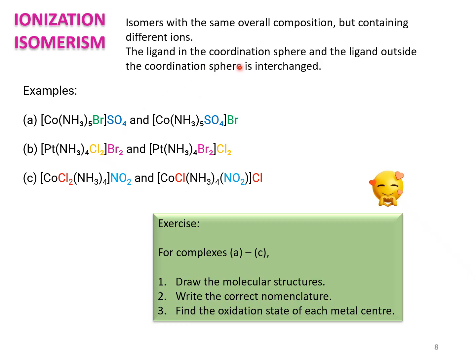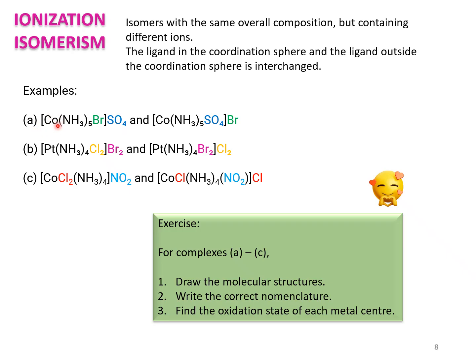The ligand in the coordination sphere and the ligand outside the coordination sphere are interchanged. Now, let's take, for example, A. There's ammonia and bromide. To name this compound, because ammonia becomes amine, starting with A, we name it as pentaamine bromo.